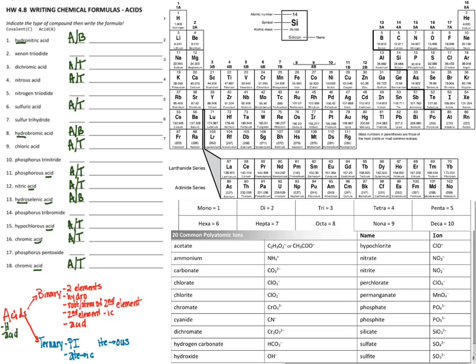All right, so let's look at our binary acids first. And again, they're all going to start with hydrogen, so I'm going to go ahead and put hydrogen on all of them. So here's my hydrogen.